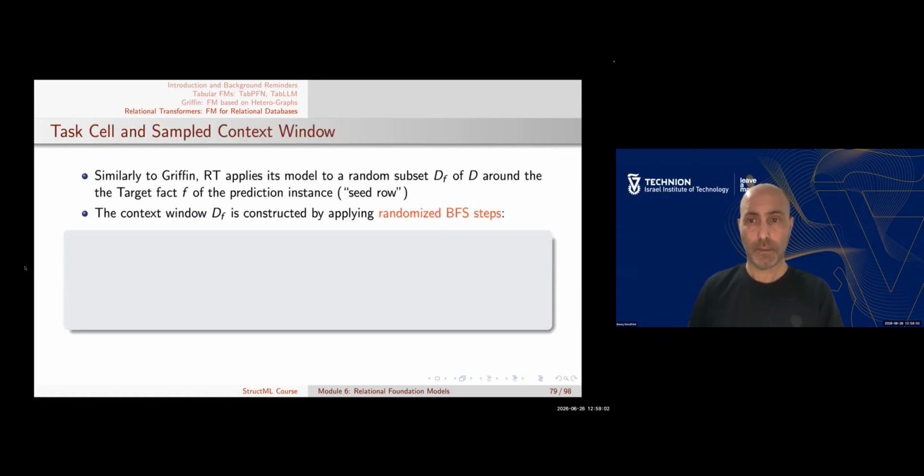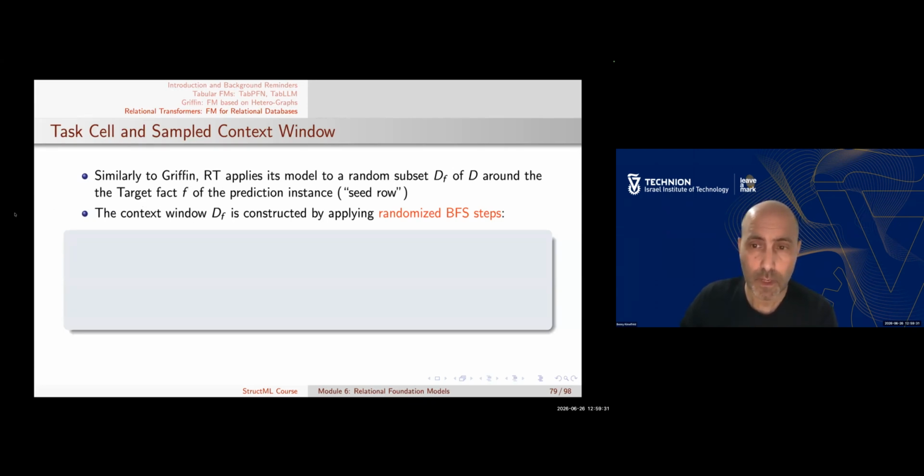Now, the first thing is that for every fact F that we want to predict, we build a random subset of the database. We do not use all of the database for that, but we build a context, D_F, around the target fact F, and we are going to process this one.